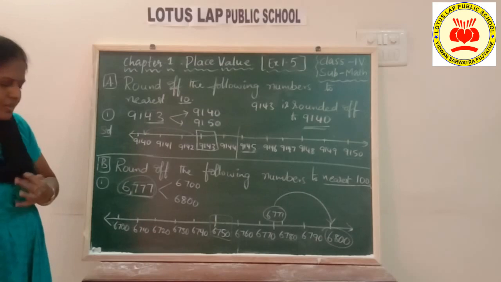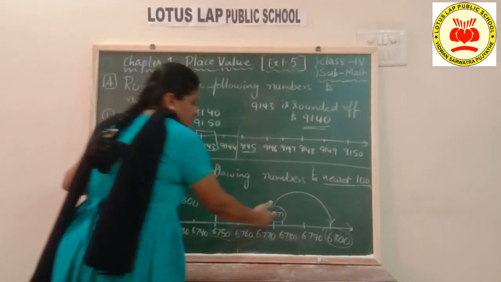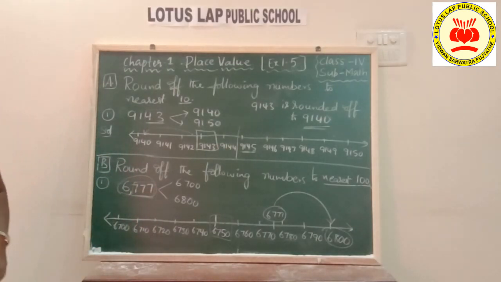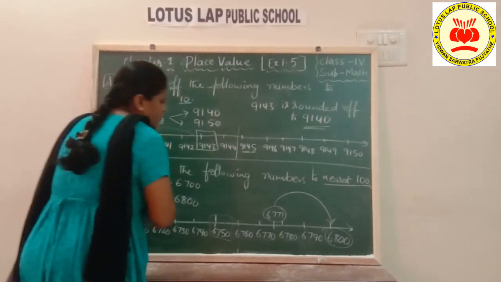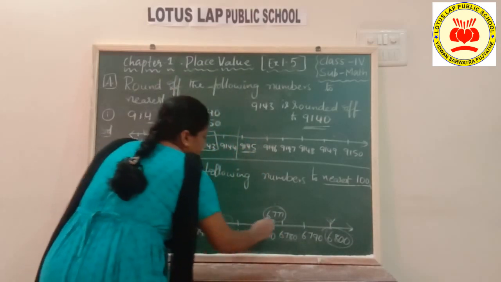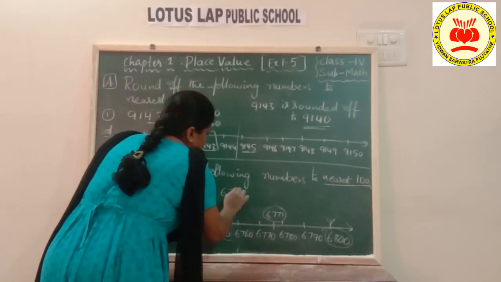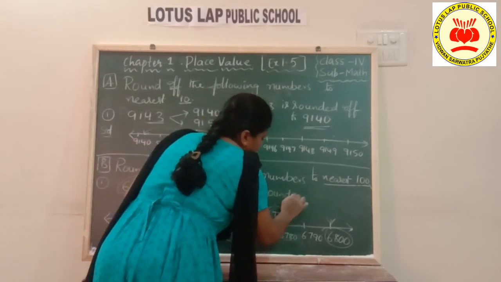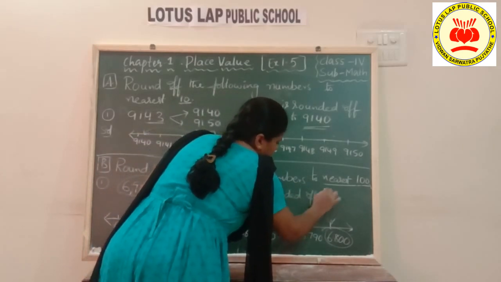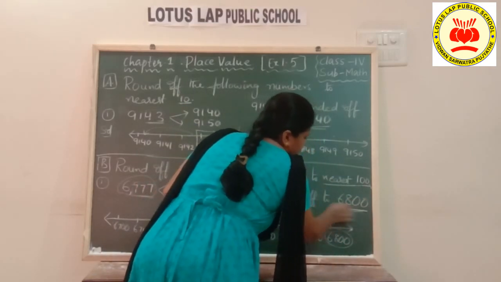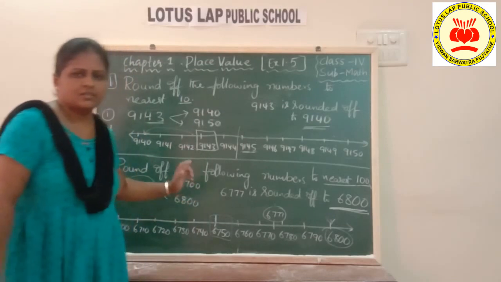Okay children, so you can write 6,777 is rounded off to 6,800. So understood.